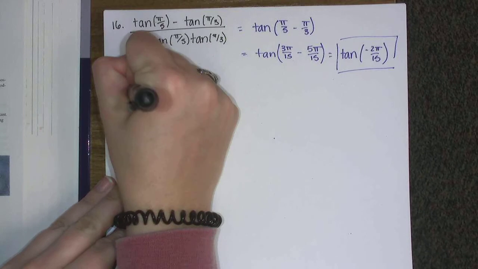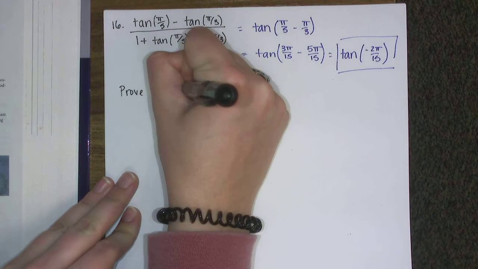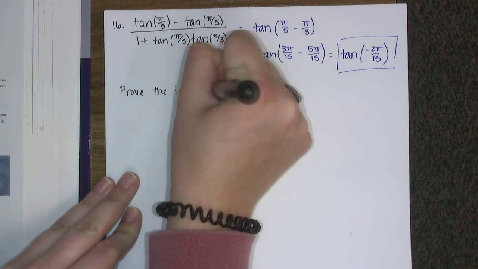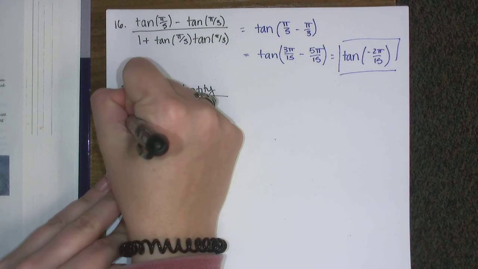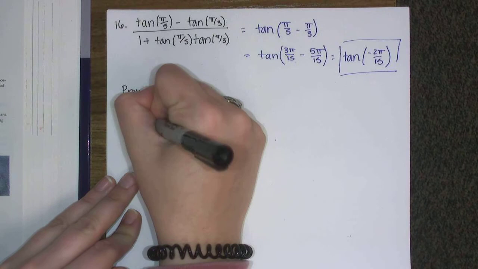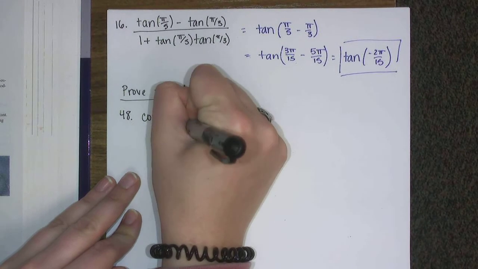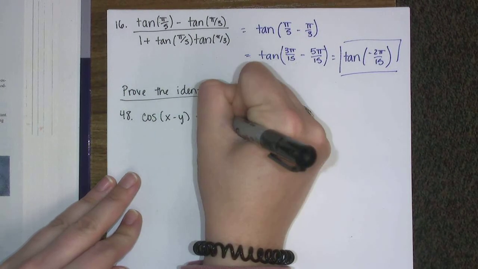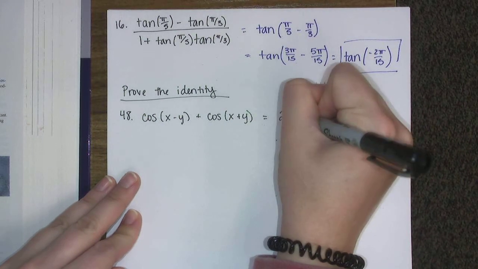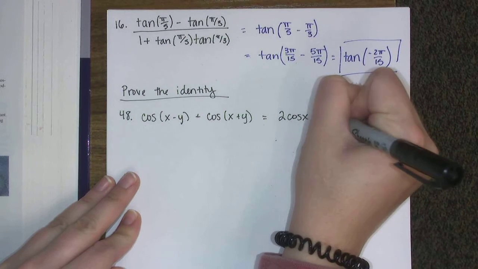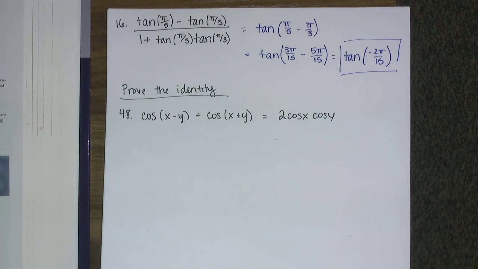Prove the identity: the cosine of x minus y plus the cosine of x plus y is equal to 2 cosine x cosine y. So I can only deal with the left-hand side here. I can only change the left-hand side, or I can only work on the left-hand side.